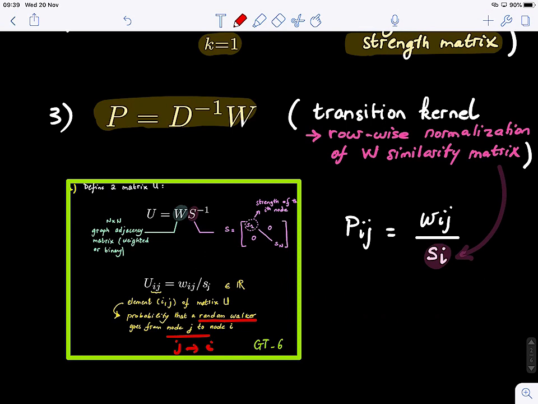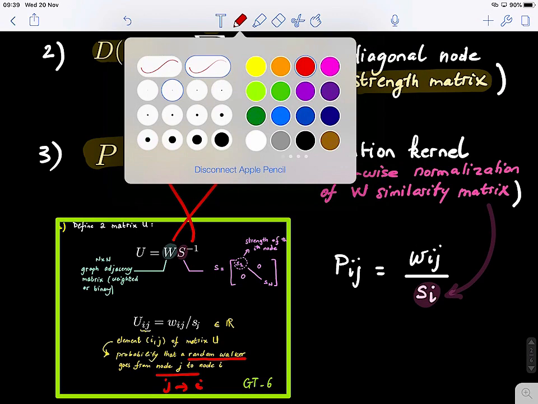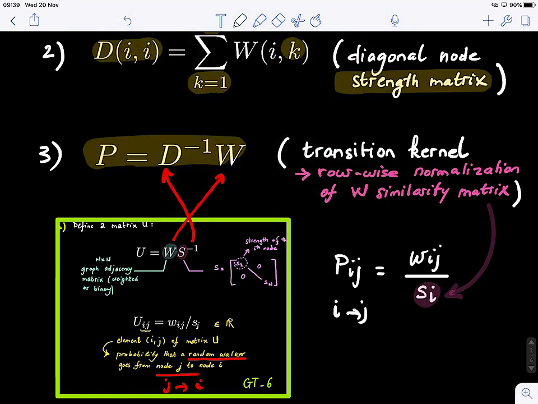So we now got basically the inverse of the strength matrix times W, okay? And P_ij, the transition from node I to node J, is basically equal to the weight between these two nodes normalized by the strength of node I, okay?